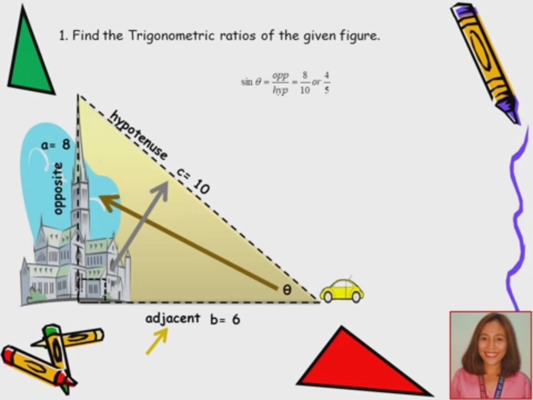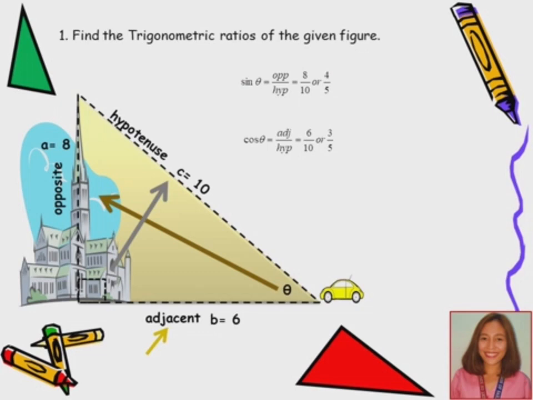Therefore, we have 8 over 10 or simply 4 over 5. Next is cos theta, where our adjacent is 6, our hypotenuse is 10.